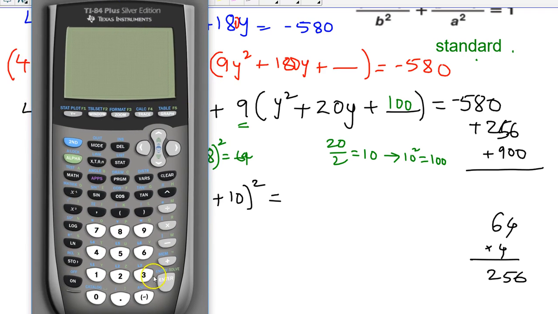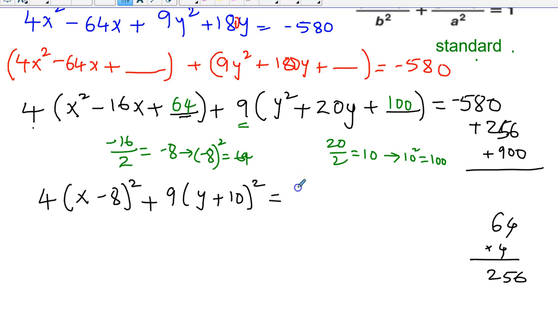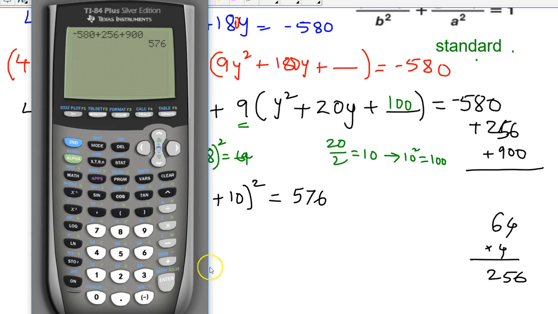Negative 580 plus 256 plus 900 gives you 576. Right? 576, that's right.